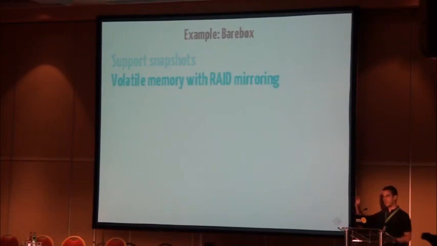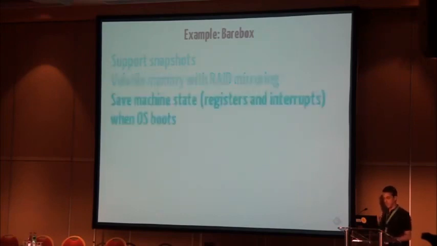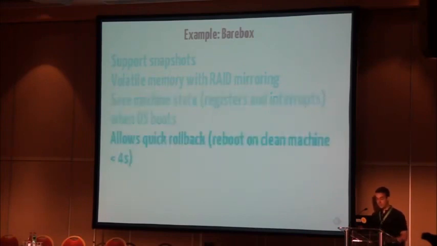You have a meta OS which will save the state of the machine when you are in early Windows boot, with registers, volatile memory, RAM, hard drives, store it in the first hard drive, and stop writing on it and only have read access. So it saves machine state, registers, and interrupts. The idea: it allows quick rollback, reboot on a clean machine below 4 seconds.